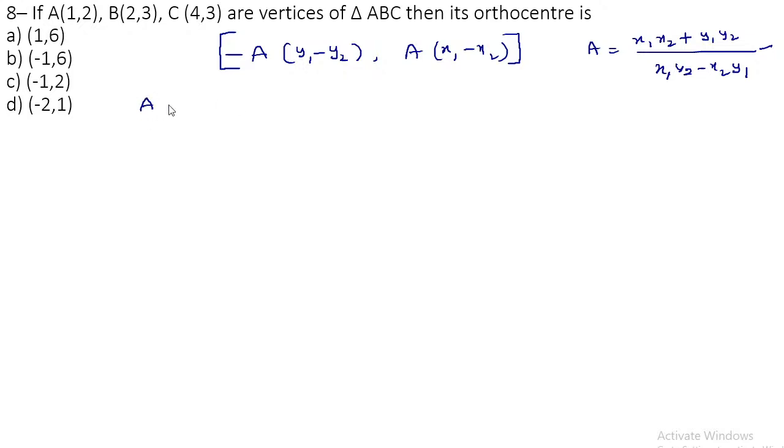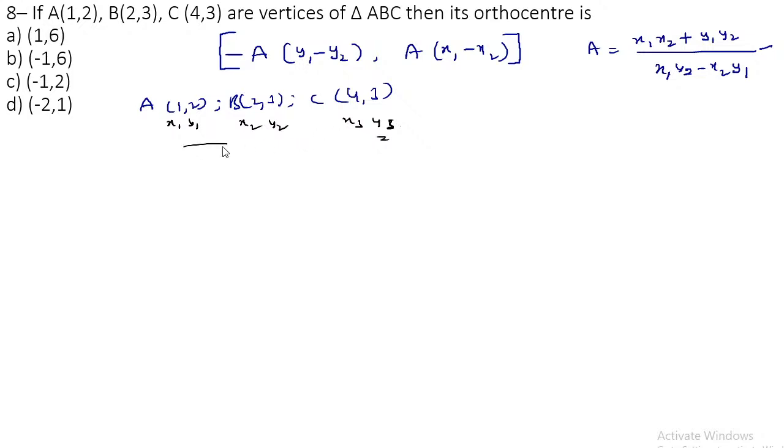So the given vertices are A 1 comma 2, B 2 comma 3, C 4 comma 3. So this is x1 y1, x2 y2, x3 y3.